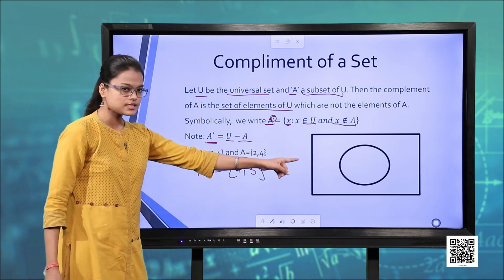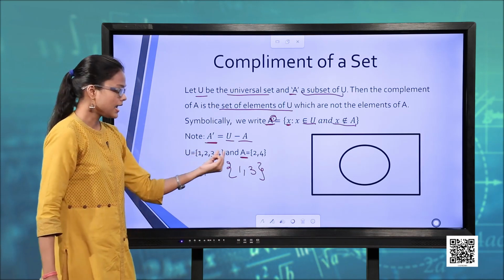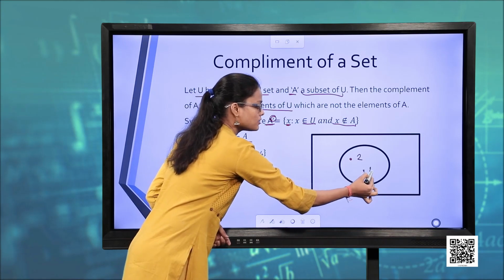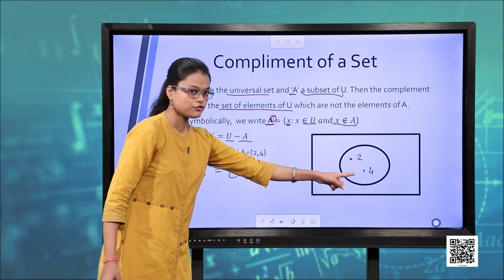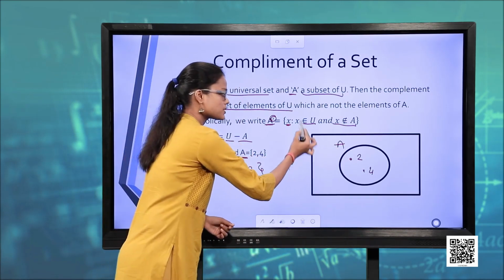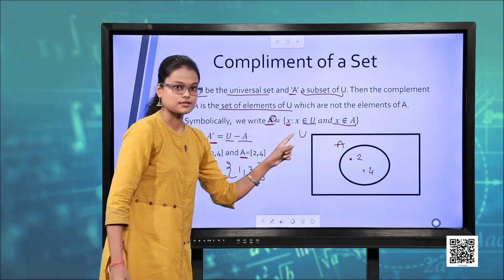If I say represent in the Venn diagram, how are you going to represent? A elements are 2 and 3, 2 and 3. No, it is 2 and 4. So 2 and 4. This is representing set A. This rectangle is representing the universal set.